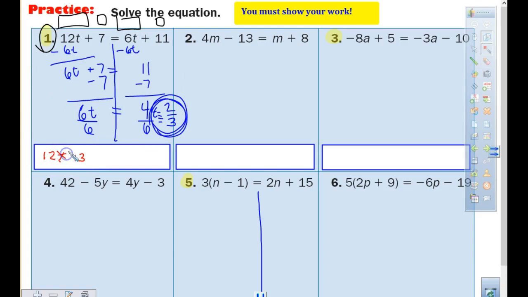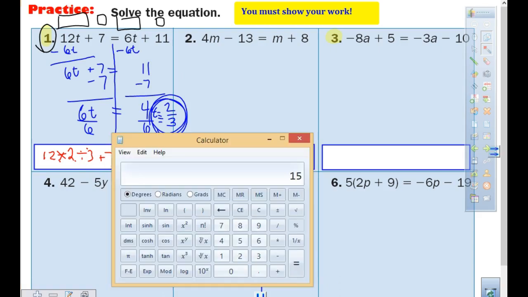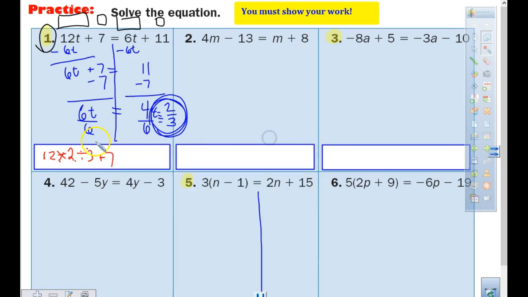You'd put times 2 divided by 3, and then you'd put plus 7. If you put in 12 times 2 divided by 3 plus 7, we end up with 15. So we know 15 is what we got on this side of the equal sign.